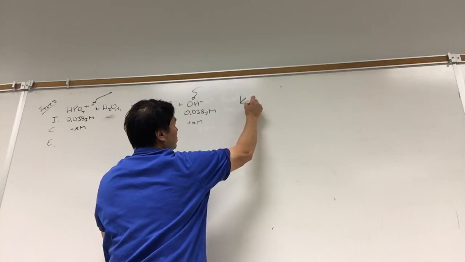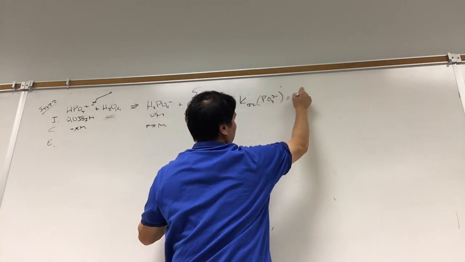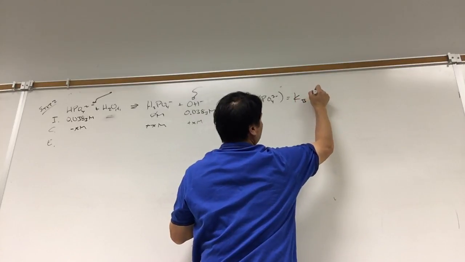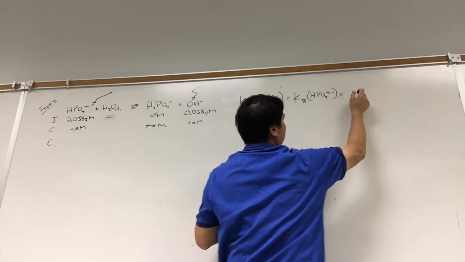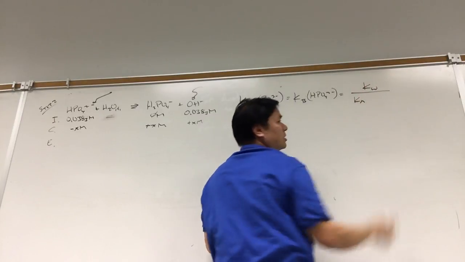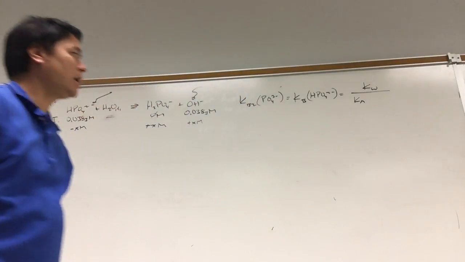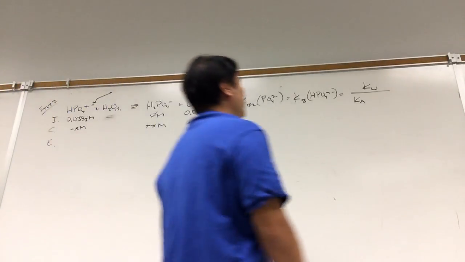Let's look at Kb2. This is Kb2 for phosphate. Kb2 for phosphate is equal to Kb for monohydrogen phosphate. Kb for monohydrogen phosphate is equal to Kw divided by the Ka for its conjugate acid. What is the conjugate acid of monohydrogen phosphate? H2PO4 minus.